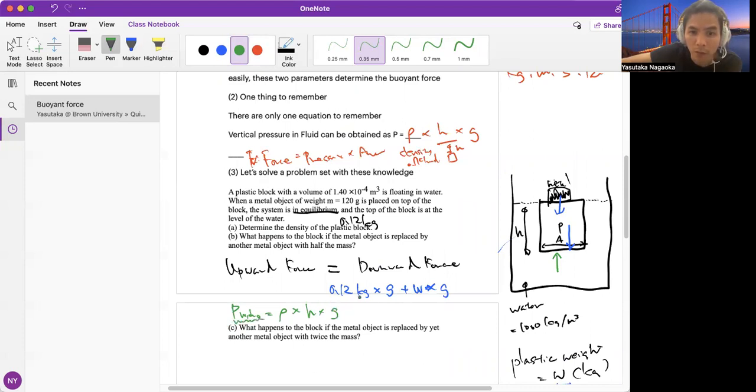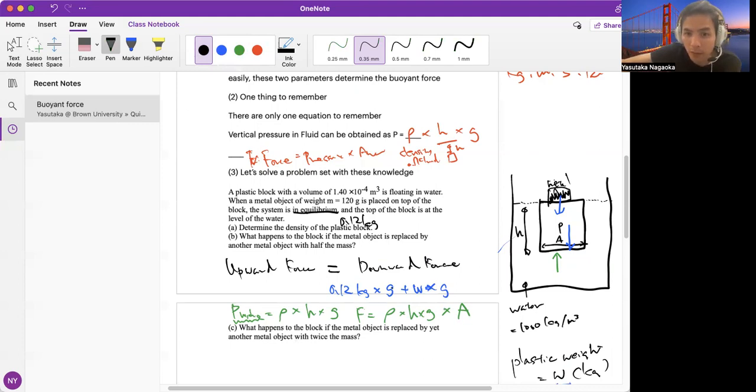So you have to convert this pressure into force by using this equation. So the force is going to be rho multiplied by H multiplied by G, and you need to apply the area. So the area is this one, multiplied by H multiplied by A.